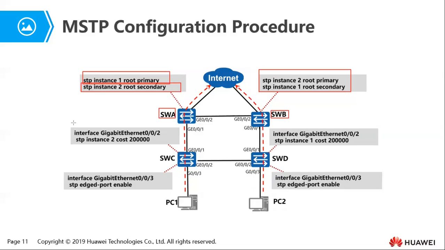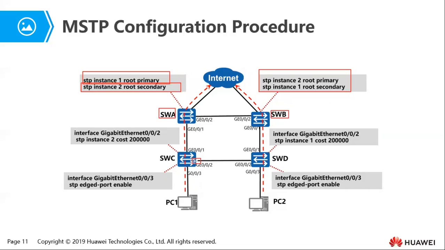With the roots like that, now we can determine the port that is going to be blocked for each of the MSTIs by increasing their cost. So here, for MSTI 2, we want this particular interface, G0/0/2, this one, to be blocked so that we don't have a loop here.